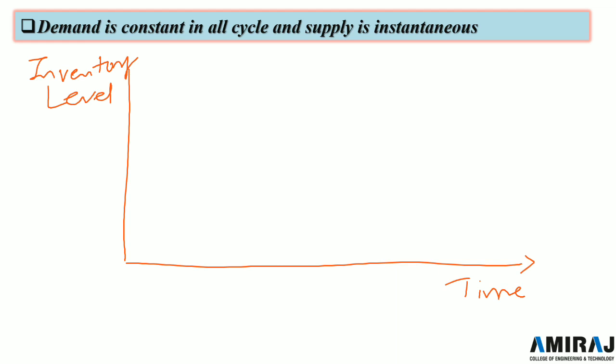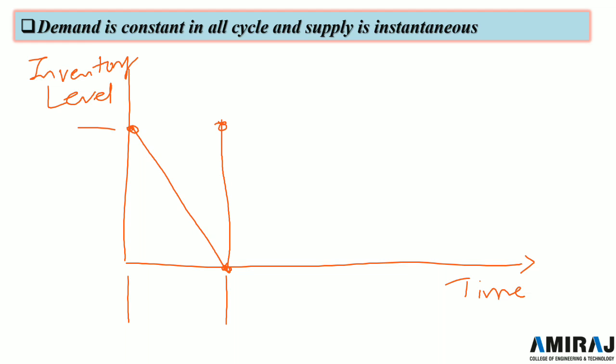Suppose there is maximum inventory level at this point. As time goes on, the inventory finishes up, and here we get the instant order or instant supply.